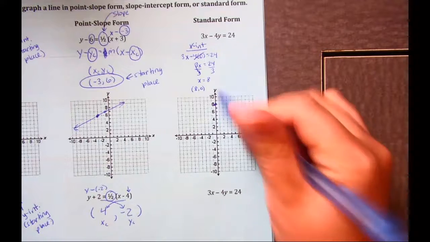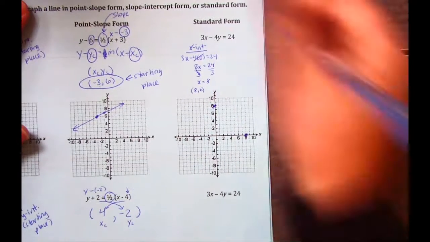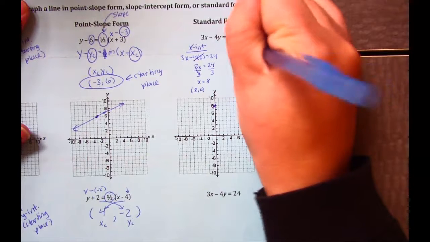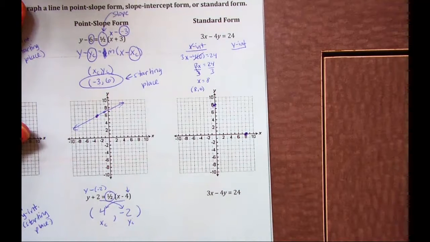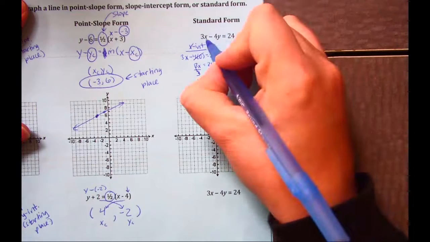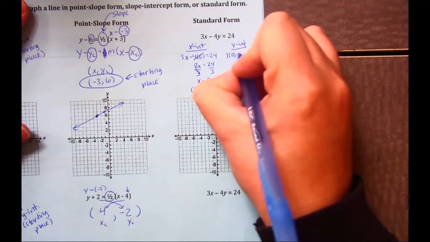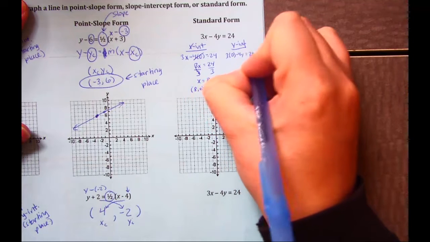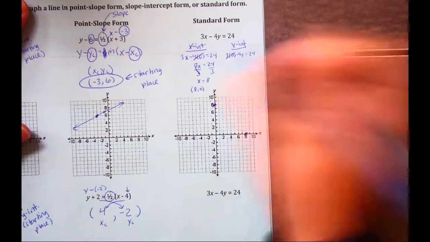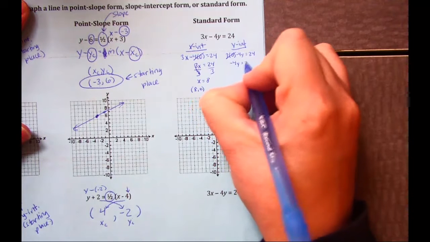Now I'm just going to find my y-intercept, which is not right there. So for my y-intercept, if you remember from Learning Target 2, to find a y-intercept, you just put 0 in for x. So now I'm going to rewrite this equation, but now I'm going to put a 0 right there where the x is. So I have 3 times 0 minus 4y equals 24. 3 times 0 is just 0, so that goes away. So I have negative 4y equals 24.